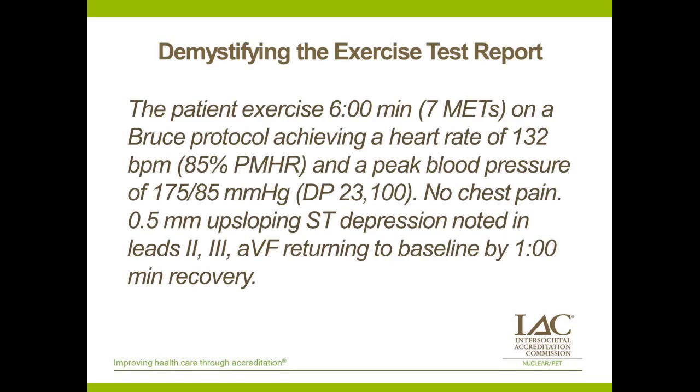The patient exercised for 6 minutes on a Bruce protocol, achieving a heart rate of 132 beats per minute, representing 85% predicted maximum heart rate, and a peak blood pressure of 175 over 85 millimeters of mercury, or a double product of 23,100. There was no chest pain, 0.5 millimeters of upsloping ST depression noted in leads 2, 3, and aVF, returning to baseline by 1 minute in recovery. Well, what does all that mean?